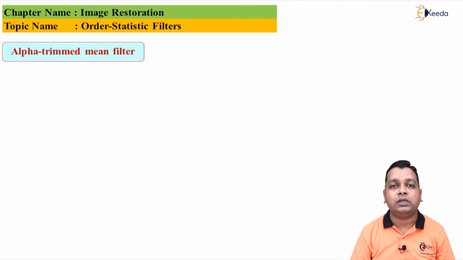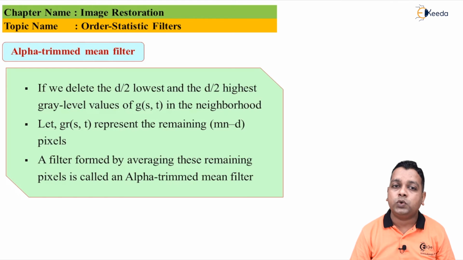Next we have the last type of filter, called the alpha trimmed mean filter. If we delete the d by 2 lowest values and the d by 2 highest values of the gray levels for the image g of s comma t in its corresponding neighborhood, we obtain the alpha trimmed mean type of filtering.